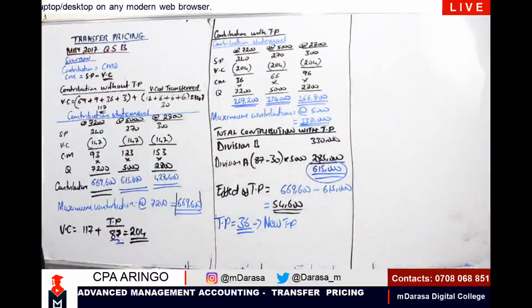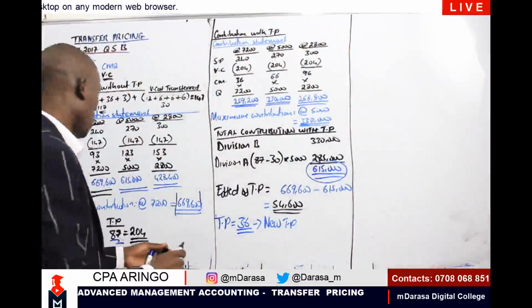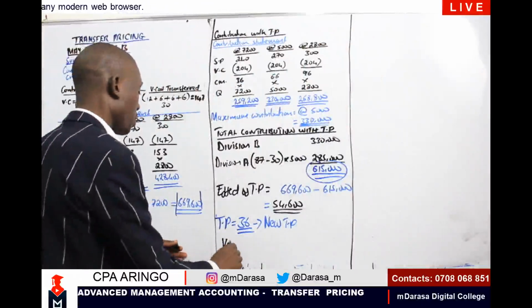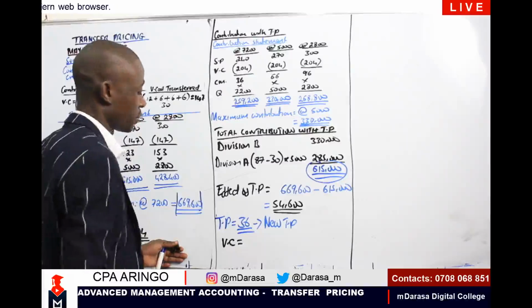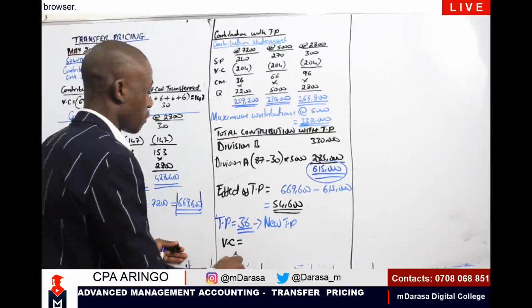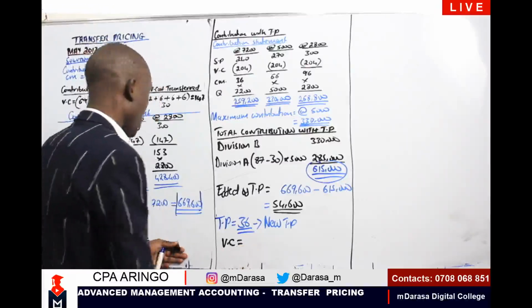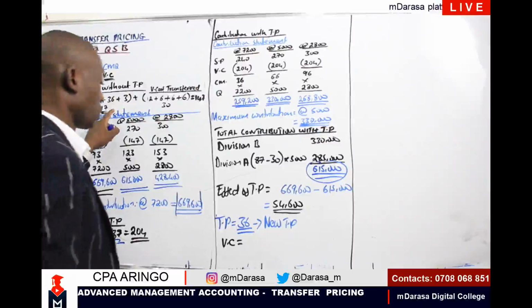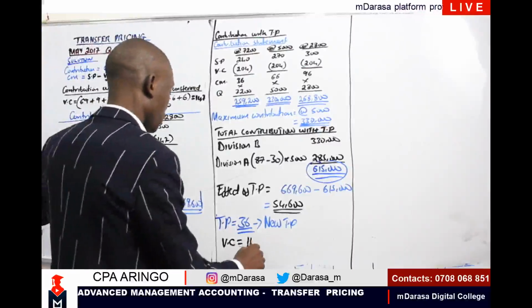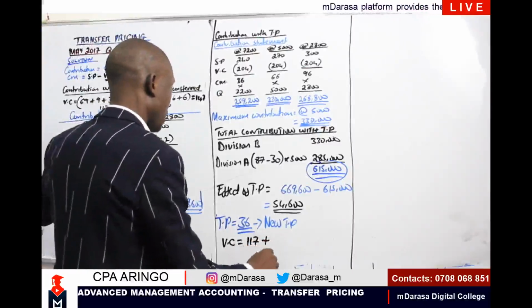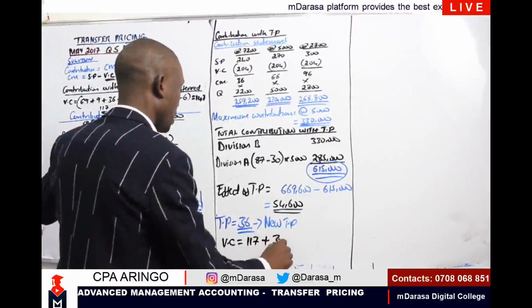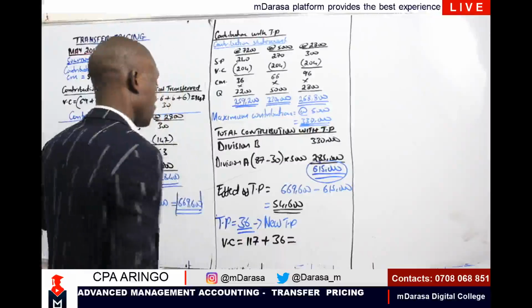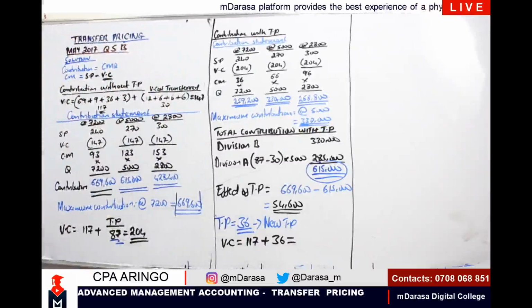And how will you work it out? Again, I need to determine my variable cost with this new transfer pricing. I'll have the 117, which did not change, but this time I'm going to add 36, being our new transfer price.